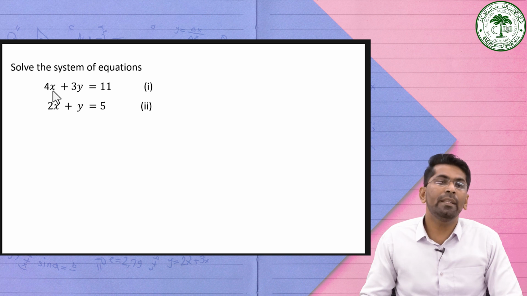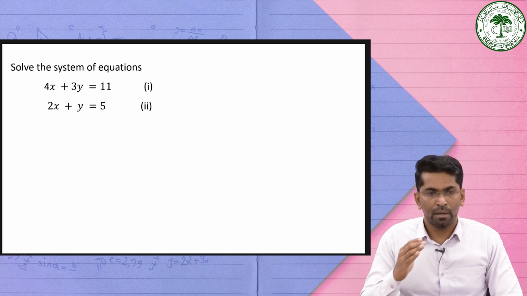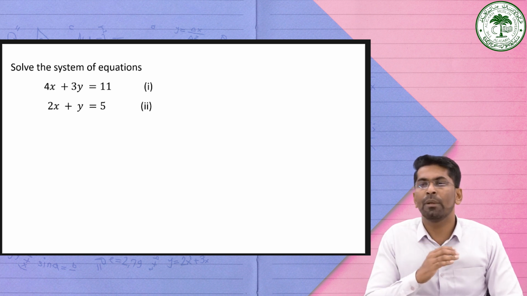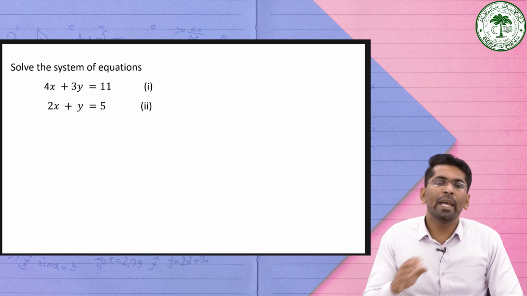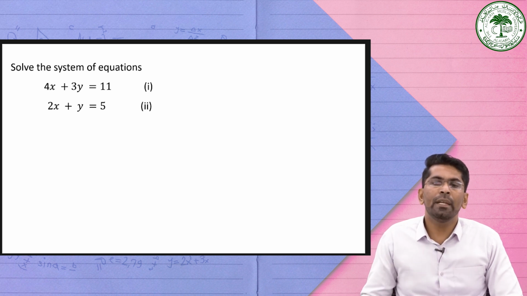But it is not necessary that we eliminate only the variable x. We can also eliminate the variable y. For this purpose, we have to multiply one or both equations by an appropriate number so that the sum of the coefficients of either x or y turns out to be 0, so that we can easily eliminate it.